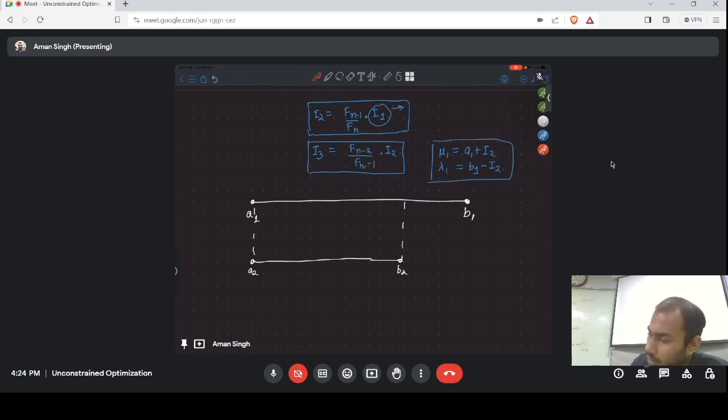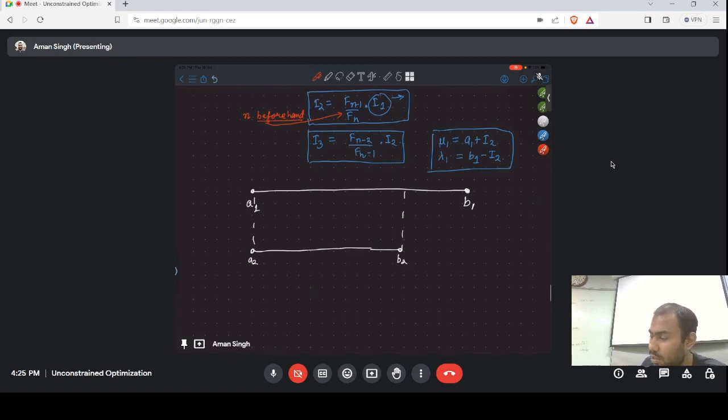But please note here that for each given I1 and each given tolerance, we have to know n beforehand for knowing I2, or for selecting the first 2 points. So that's what I was talking about before regarding the disadvantage of the Fibonacci sequence, that we require finding n beforehand.